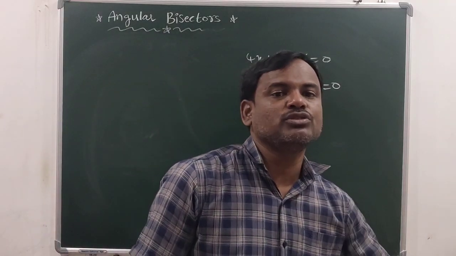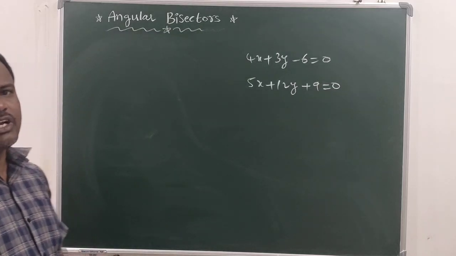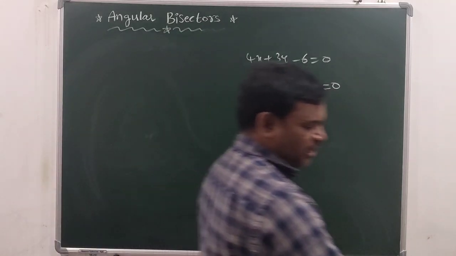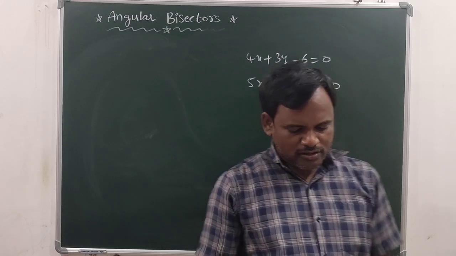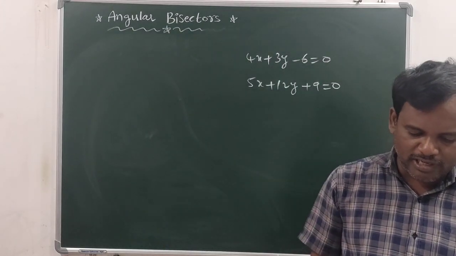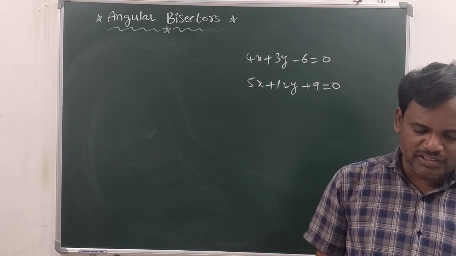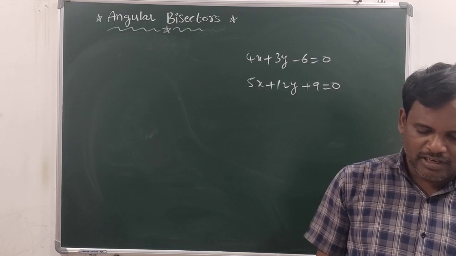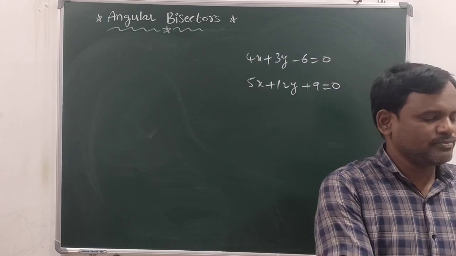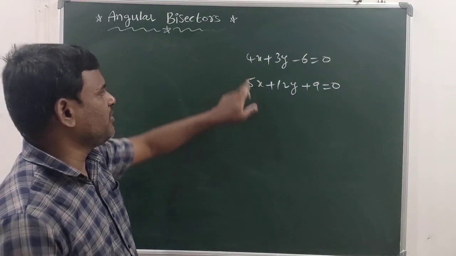Means you have to find the obtuse angle bisector. 4 questions are generated: find the obtuse angle bisector, the acute angle bisector, the bisector in which the origin is lying, and the bisector in which (1, 2) is contained.